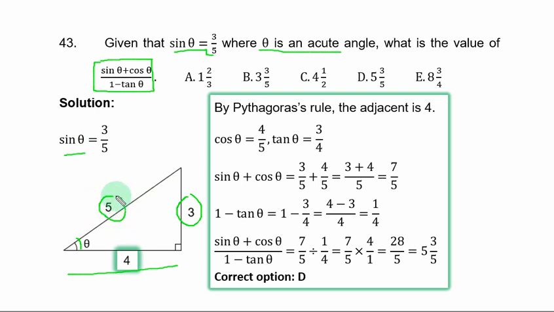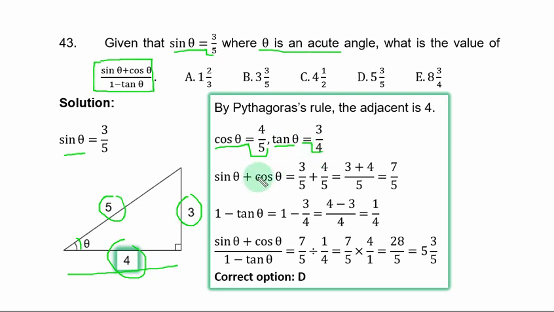From Pythagoras rule, the adjacent is 4. Now let's get cos theta. Cos theta is adjacent over hypotenuse. That is 4 over 5. Tan theta is opposite over adjacent. That is 3 over 4.